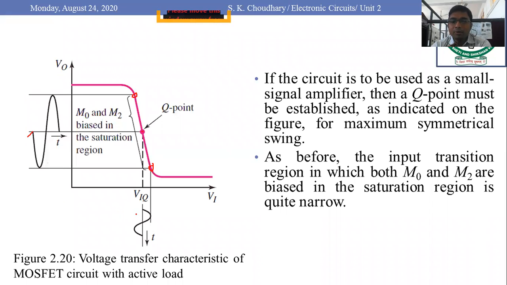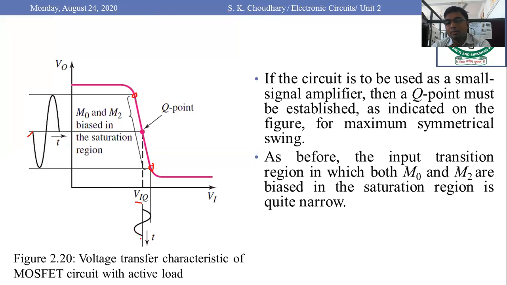That's why, if you see the Q point, when the input voltage is VIQ and you apply a time varying small signal, you get an amplified version of that signal. The shape is similar, but the phase is 180 degrees. For the positive half cycle of input, it is a negative half cycle at the output.